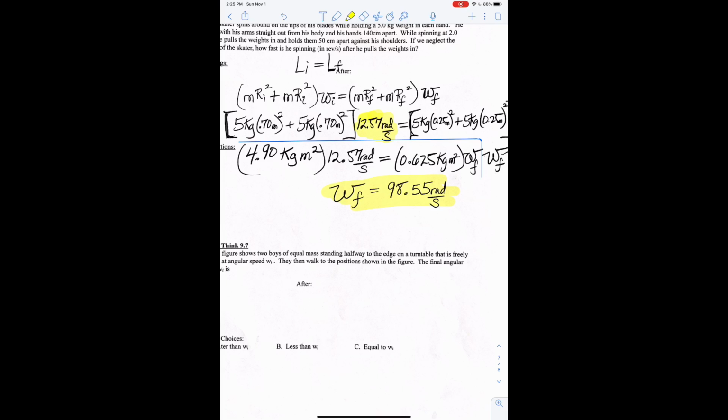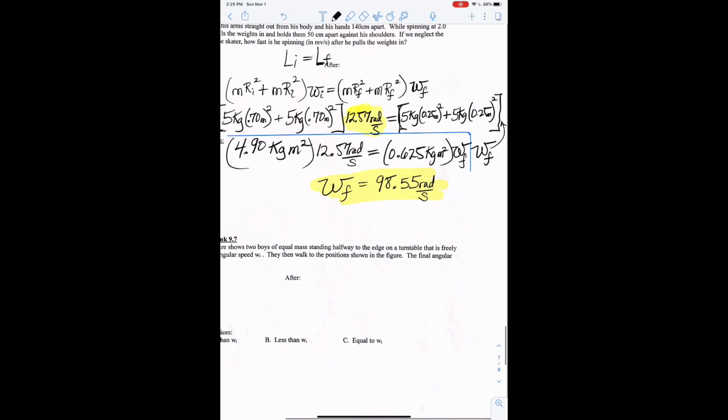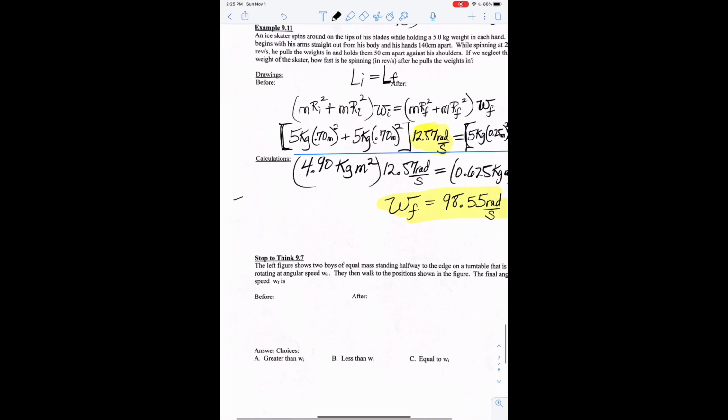Okay, so let's go ahead and finish the problem. We want to know how fast he's spinning in revolutions per second, which is the same as frequency, so we're going to get the final frequency. We said omega f is equal to 2 pi radians times frequency. So frequency is equal to omega f over 2 pi radians.